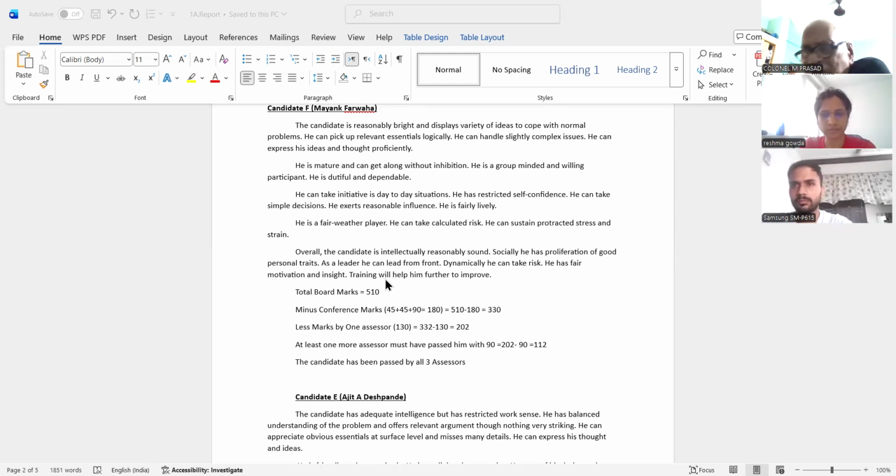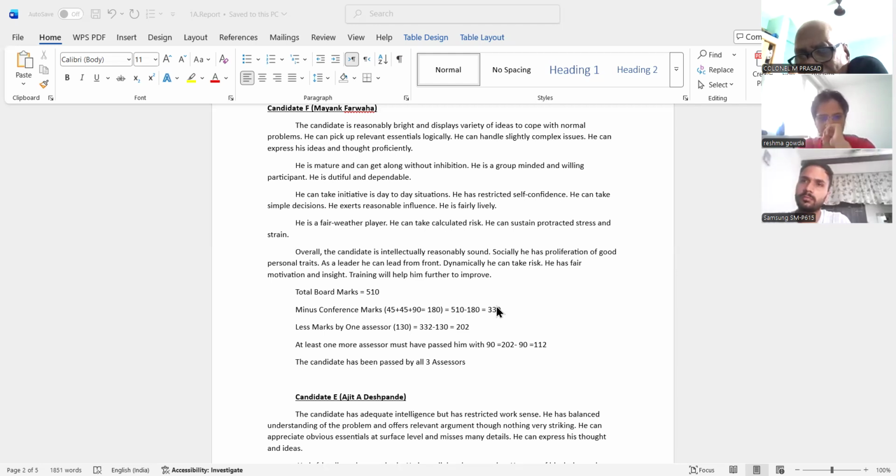Now, in this case, we have taken total marks to be 510. He must be passed by at least a minus confidence mark. I get 180 marks because IU is given double. So 45 plus 90, plus 90, I have subtracted this. So 330 marks were the initial marks to the candidate.